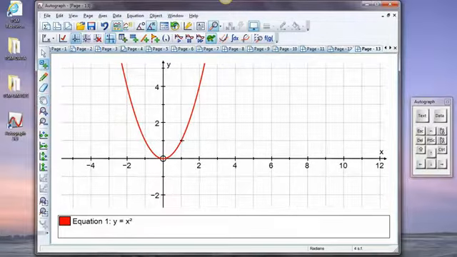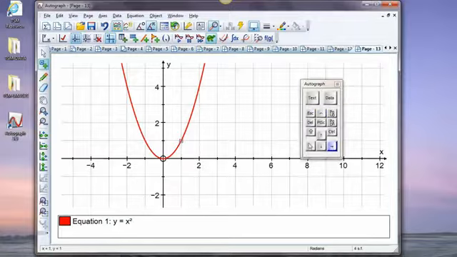I'm going to put a point here and just move it up to there, and a point here and move it down. I want to have a look at the gradient as measured by the chord from here to here, so let's do right click, gradient, there it is. This of course I can move around.